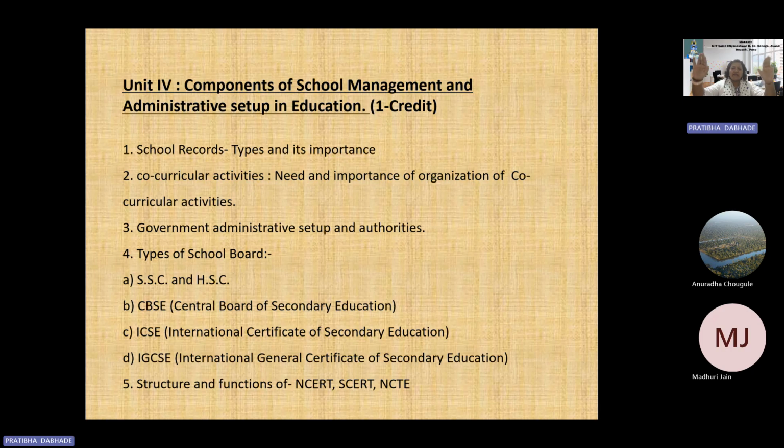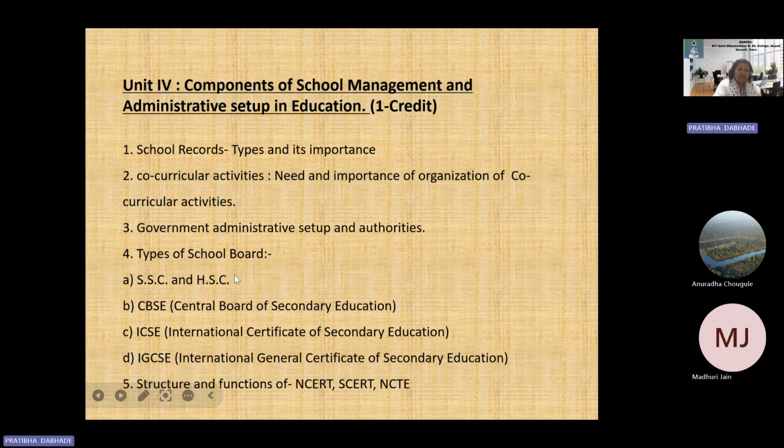Yes, but how the actual administration takes place, right? So in detail, we are going to study the administrative setup in India and in Maharashtra, from the central to the state, then region, then district, then block. Yes, after that, it can be the village or the rural level.